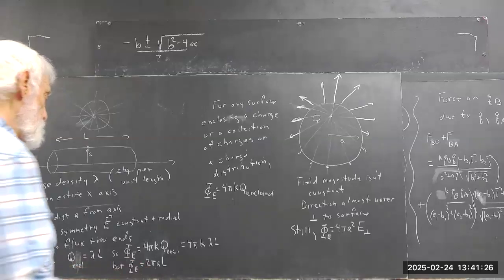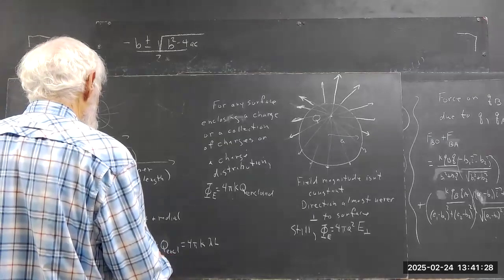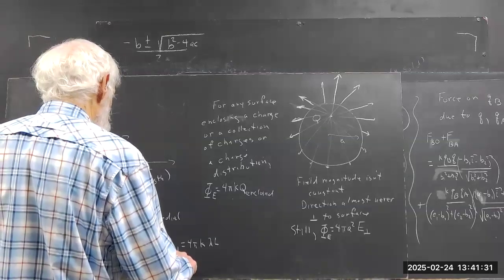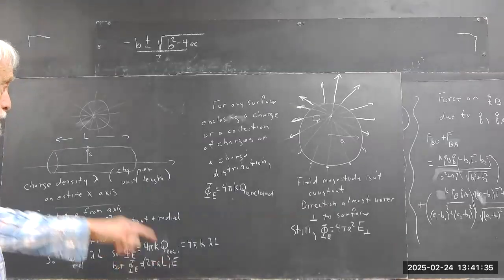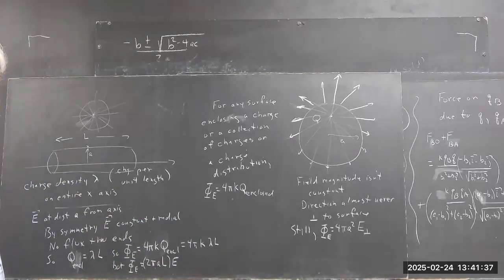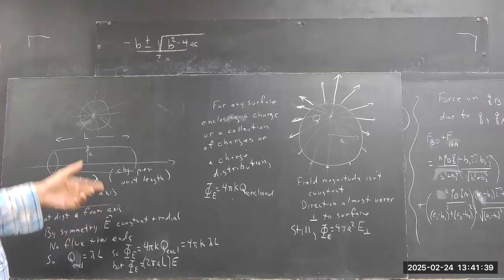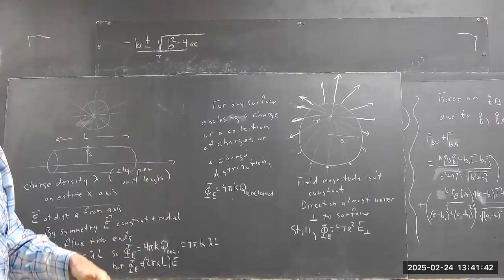2 pi A L times E, since E is always radial. It's always perpendicular to the surface.